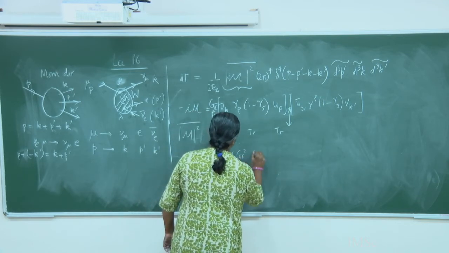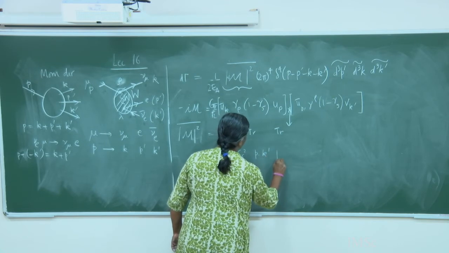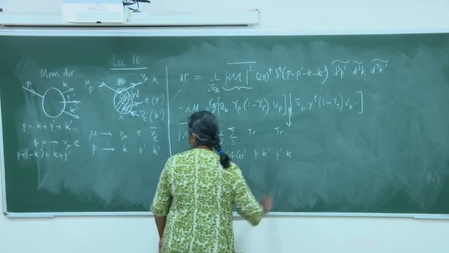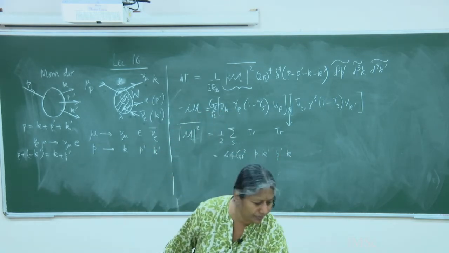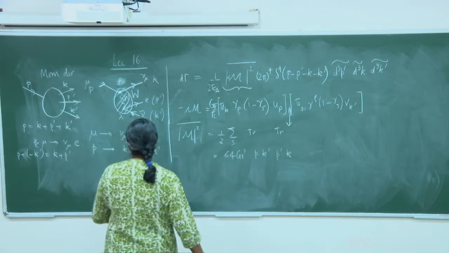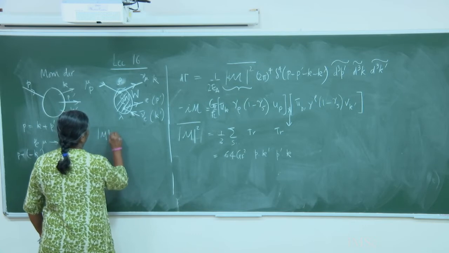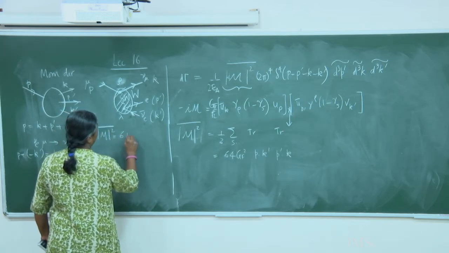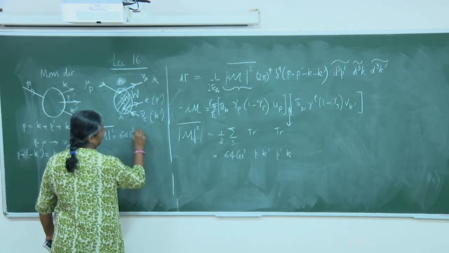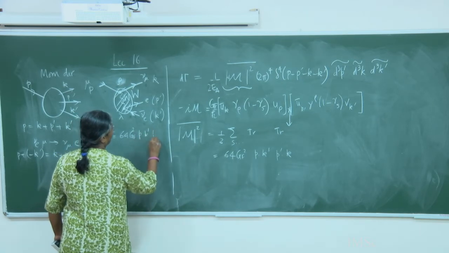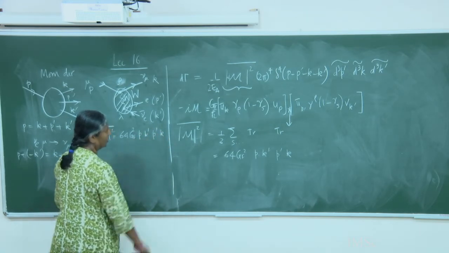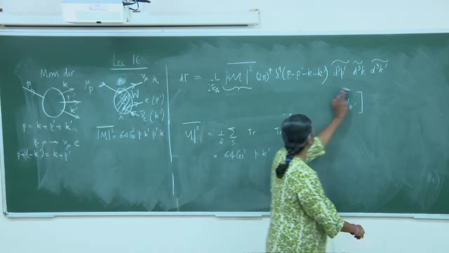Gf squared p dot k prime into p prime dot k. Since it was just day before yesterday, I remember that. If that's not the answer, we will correct it later. So I'm putting m squared bar is 64 Gf squared p dot k prime into p prime dot k. So I am going to remove this part.